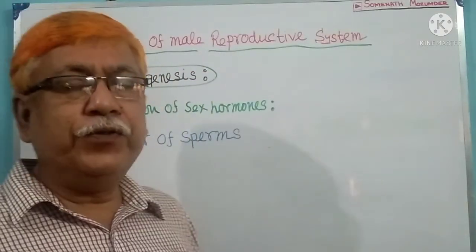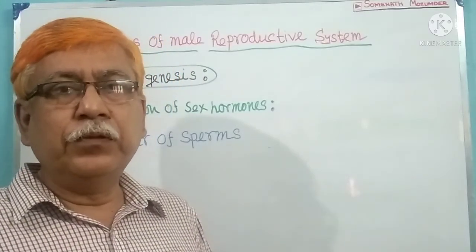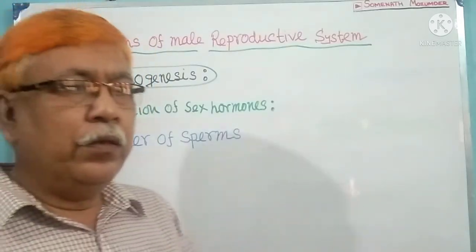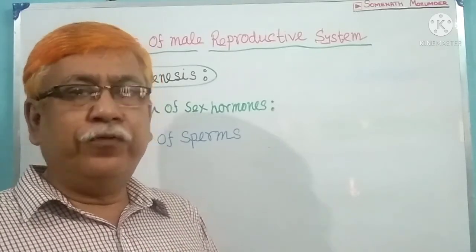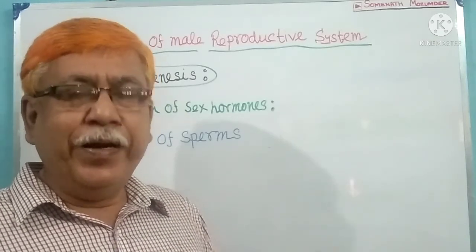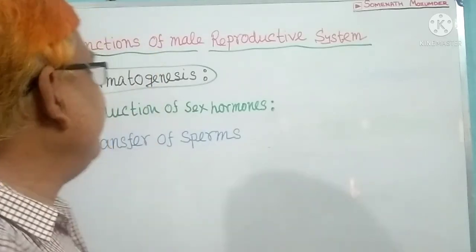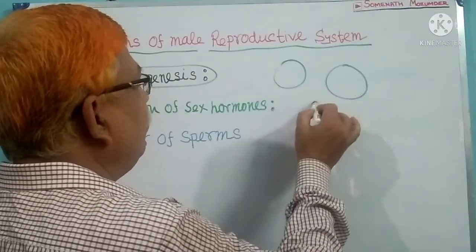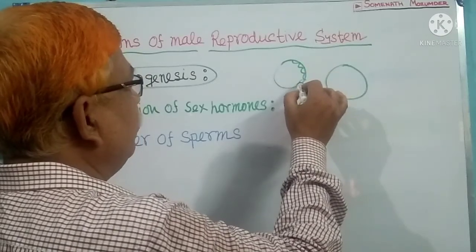Spermatogenesis is a process by which sperms are developed, and we know that the seminiferous tubule is the functional and structural unit of the testis. The testis internally is made up of numerous seminiferous tubules, and within these seminiferous tubules, sperms are produced from the germinal epithelium of the seminiferous tubule.